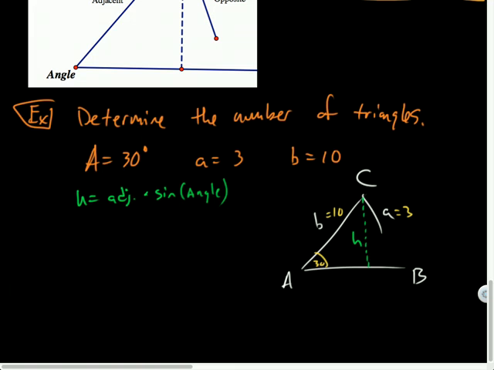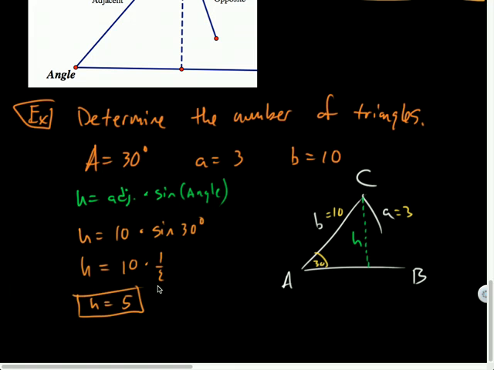So for us, h is equal to the adjacent, so that's the 10, times the sine of 30. What is sine of 30? You guys got that memorized? It's 1/2, right? Square root of 1 over 4, which is 1/2. So that's 10 times 1/2, which is 5.